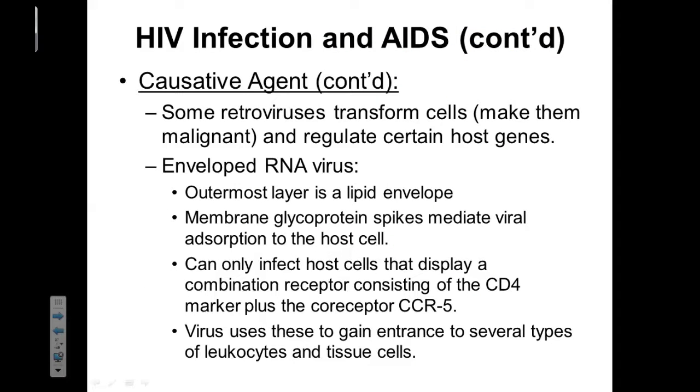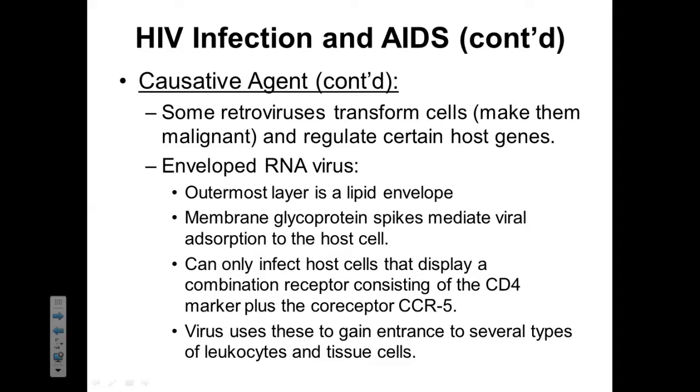Some of our retroviruses are actually going to cause a transformation of our cells, making our cells malignant or cancerous. This occurs when the retrovirus is going to alter particular host genes or oncogenes, genes that can regulate or initiate a cancerous cycle within a cell.